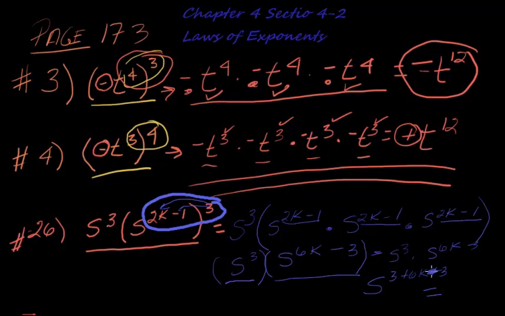The 3's are going to cancel here, and we are left with s to the 6k, which is what the answer is.